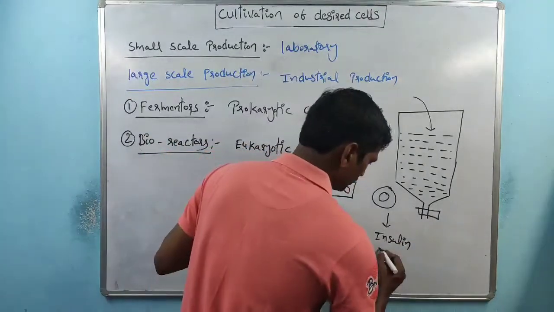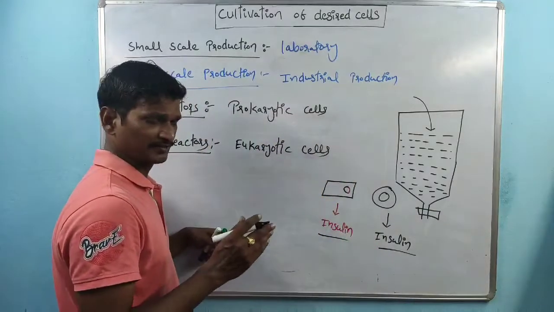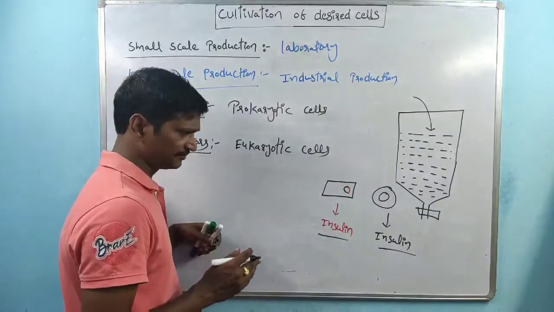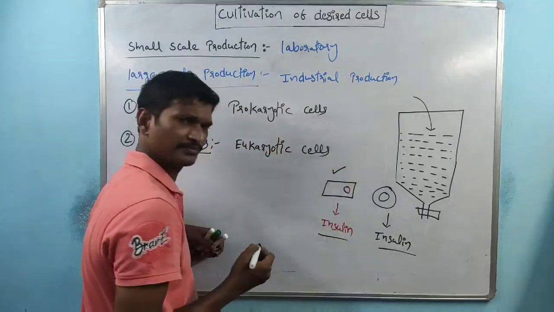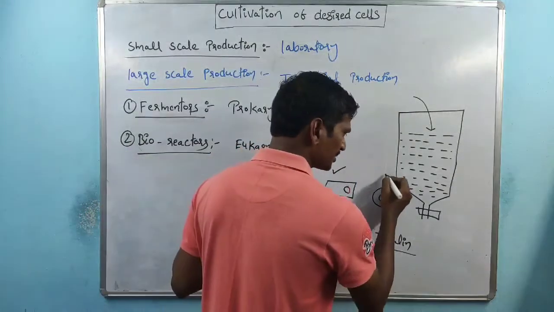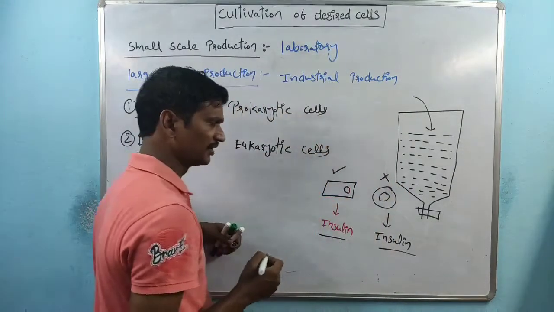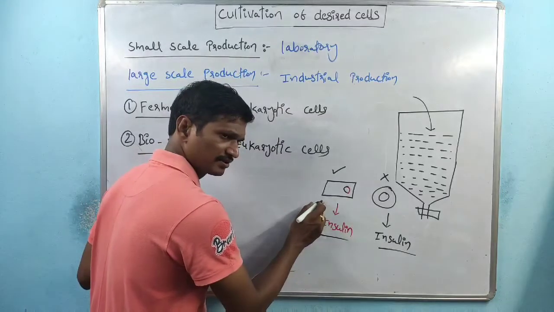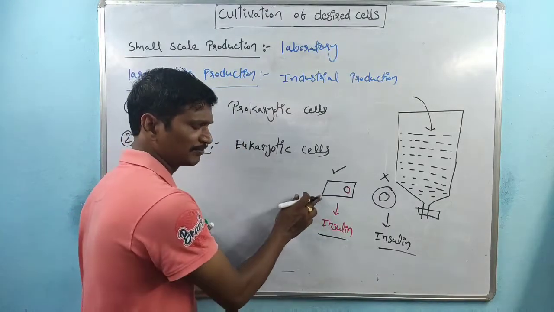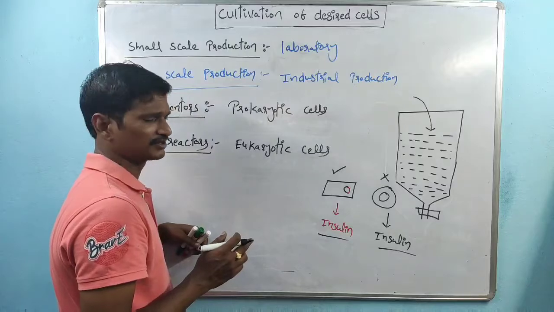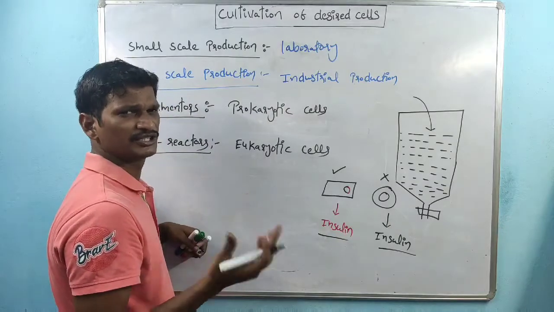See how the cost is decided. That is the main criterion here. Cultivation of prokaryotic cells is very easy. Cultivation of eukaryotic cells is a little difficult. For the cultivation of bacterial cells, the raw materials are very cheap.